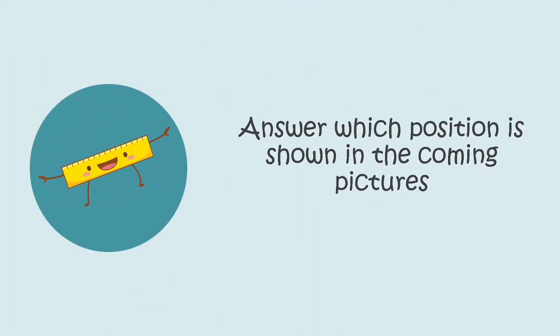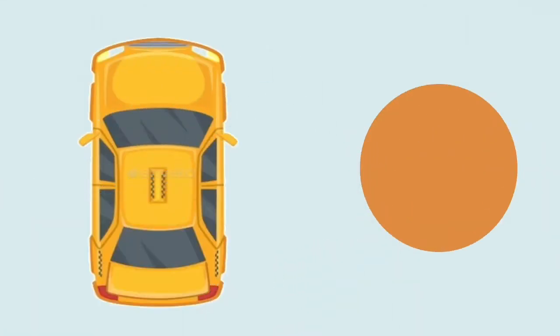Now I have some pictures for you. You have to quickly answer what view is shown in the upcoming pictures. Okay, here's the first picture. Write down your answers in the comments so that I can know how many of you have guessed the right answer.